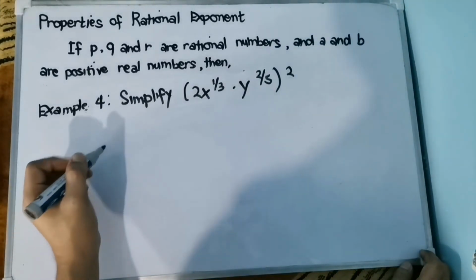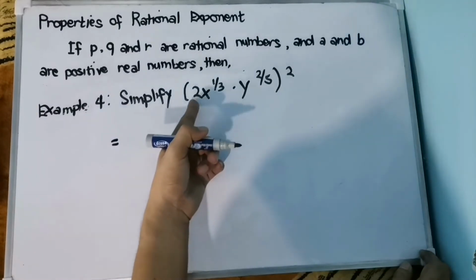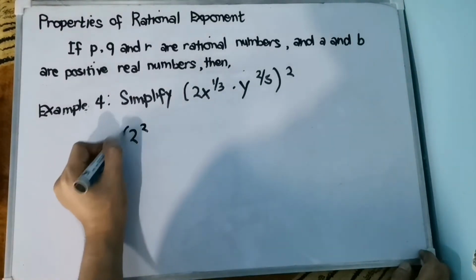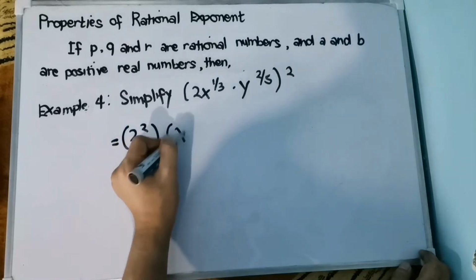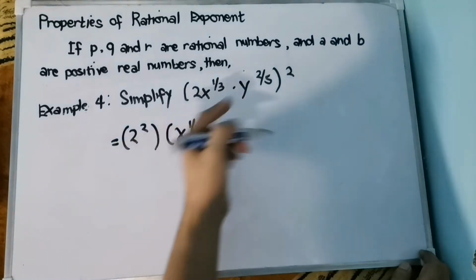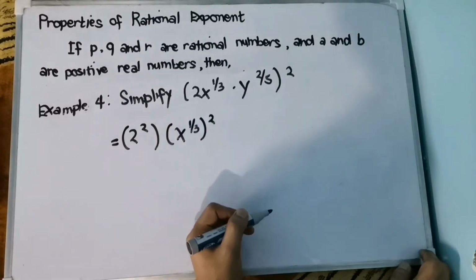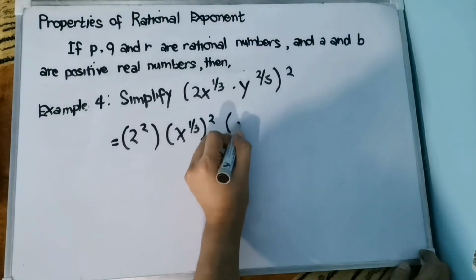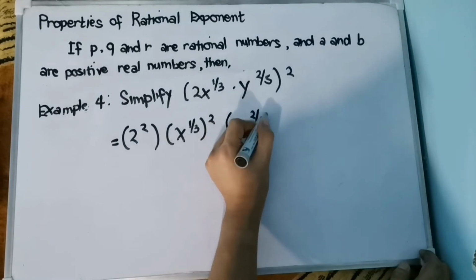So we have here 2 squared and then x raised to 1/3 squared times y raised to 2/5 squared.